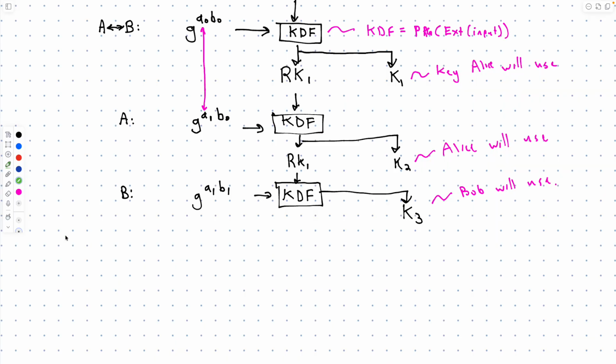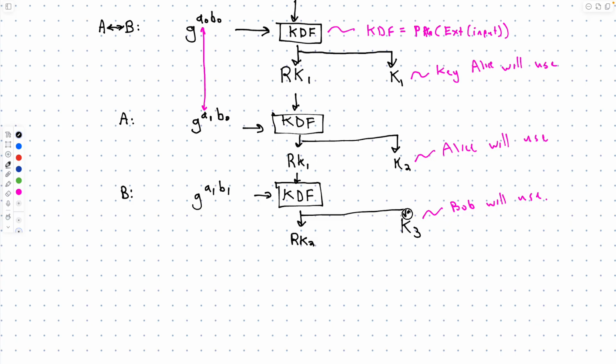Okay. Now, what are the security properties here? First, I drew this wrong. All right, let's say the adversary is able to corrupt at this stage.